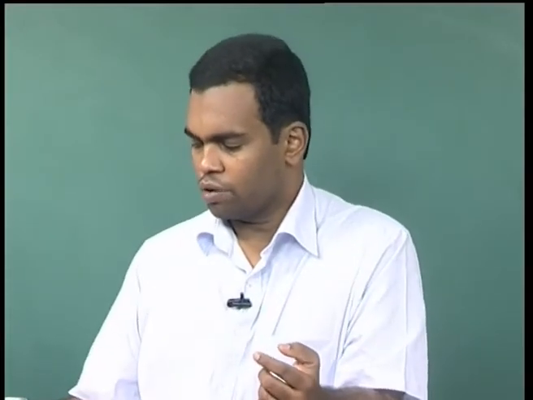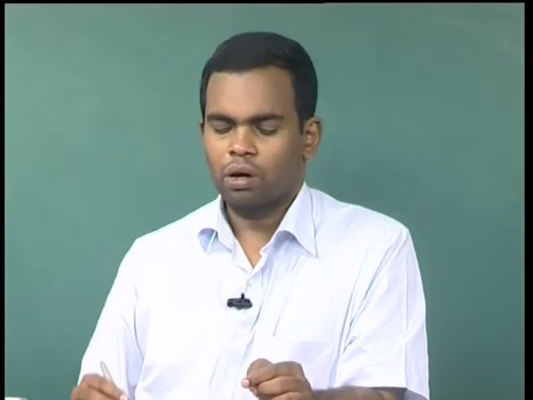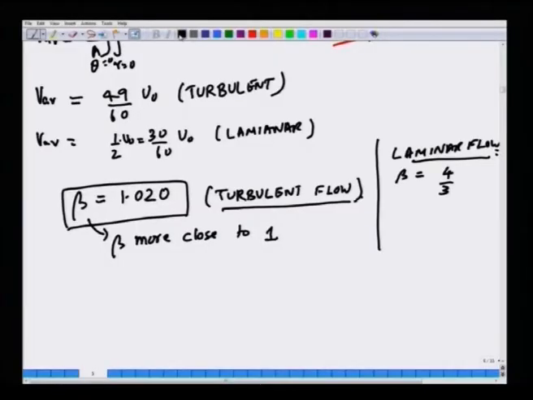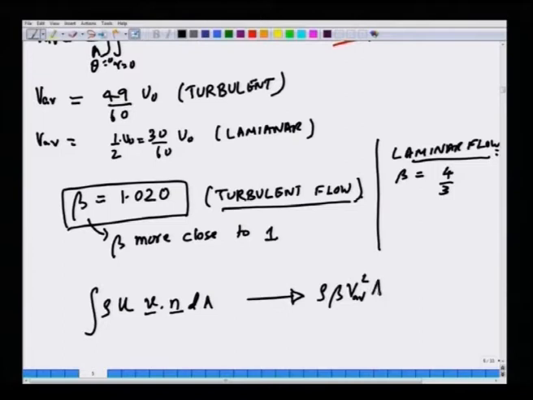Okay. So, whenever you have flow through pipes or channels, in order to compute the momentum flux term, which is essentially this, you want to be able to write it, let us take one component, as rho V average squared beta times the area.